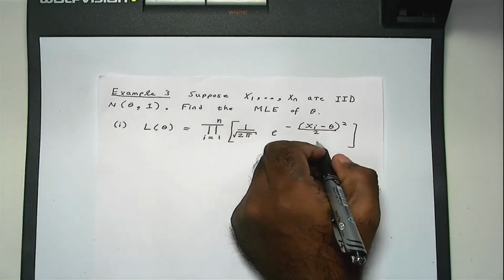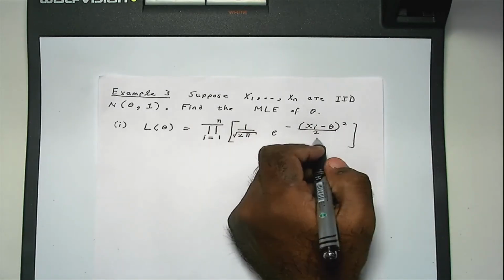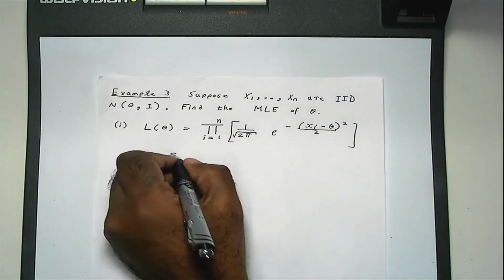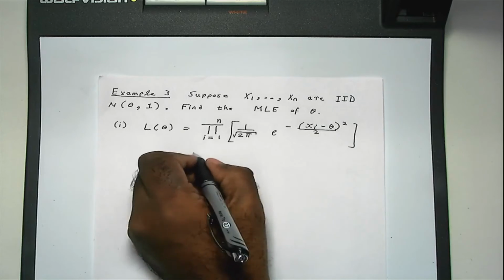This is the density function of the normal with mean theta and variance equal to 1. Right? Now if you take the product of this is what you will get.